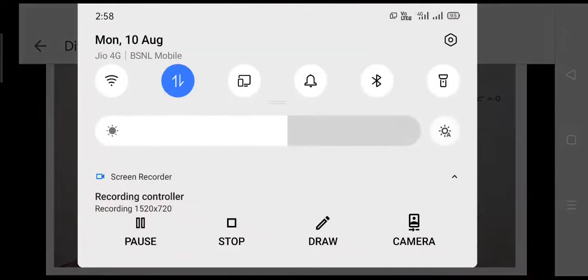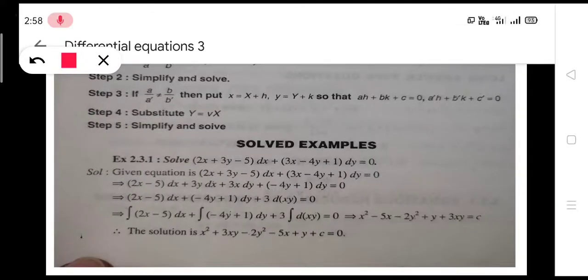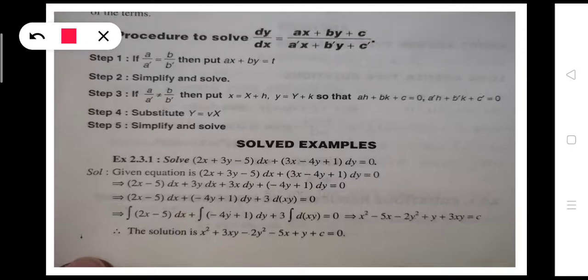Take an example based on the above method: solve (2x + 3y - 5) dx + (3x - 4y + 1) dy = 0. Solution: the given equation is (2x + 3y - 5) dx + (3x - 4y + 1) dy = 0. Here a by a' is 2 by 3, and b by b' is 3 by -4.